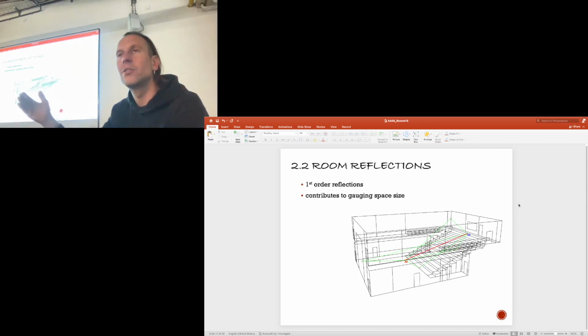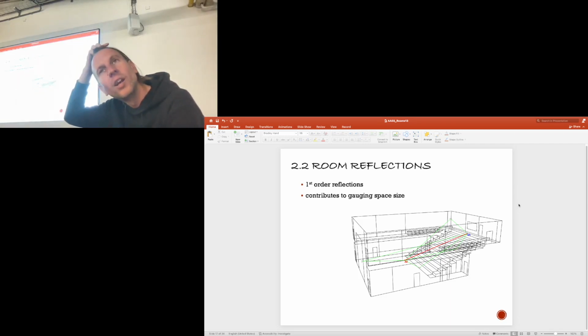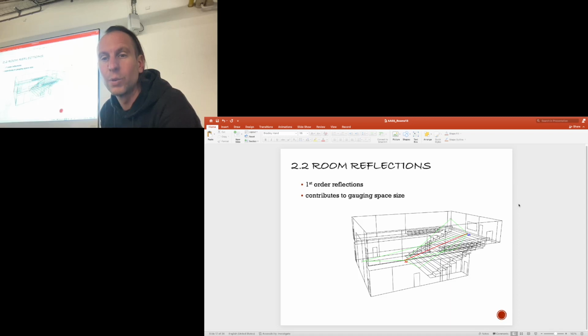Psychoacoustically, as the reflections progress in higher order, we get slightly different sensations. You will potentially find someone saying, that's how you hear the room size, but a better thing to say is it contributes to our sensation of the size of the space. And you probably know on reverb algorithms we have the pre-delay time, which does a bit of this.